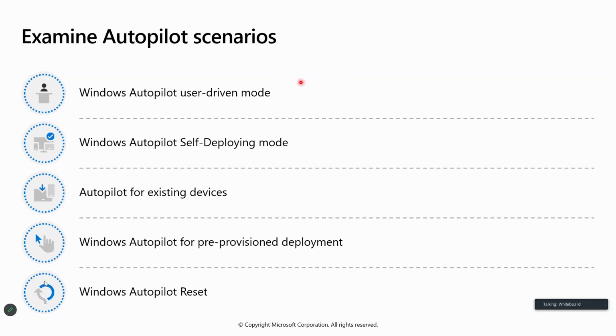This is what we've been talking about over here. So that's where the user gets the computer, unboxes it, plugs it in, turns it on, chooses their language, local keyboard, connects it to a wireless or wired network.